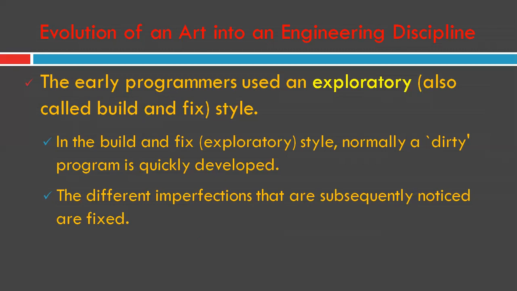Software engineering practices have been proven to be indispensable to the development of large software products, though exploratory styles are often used successfully to develop small programs such as those written by students as classroom assignments.